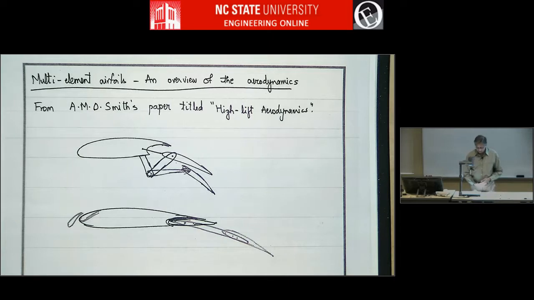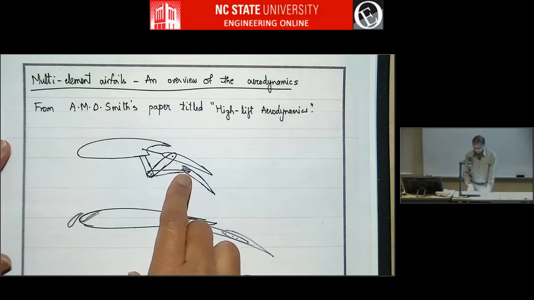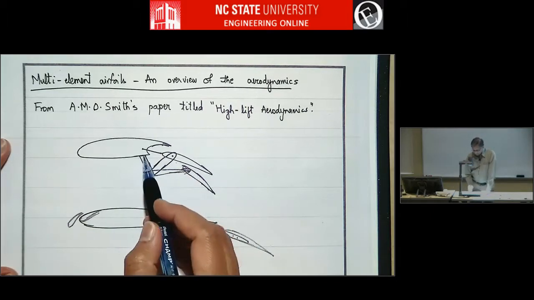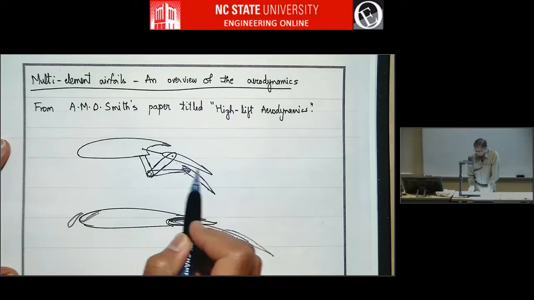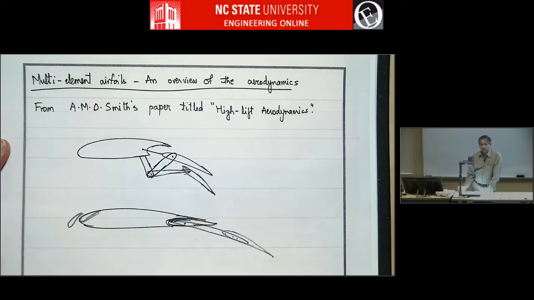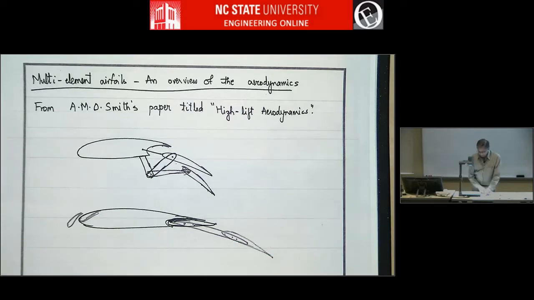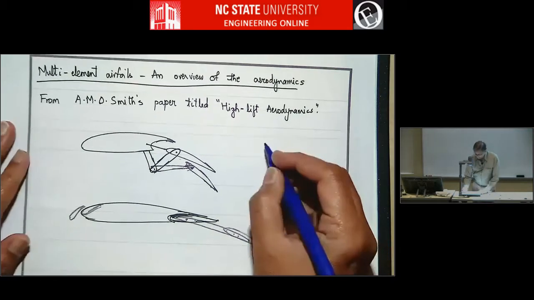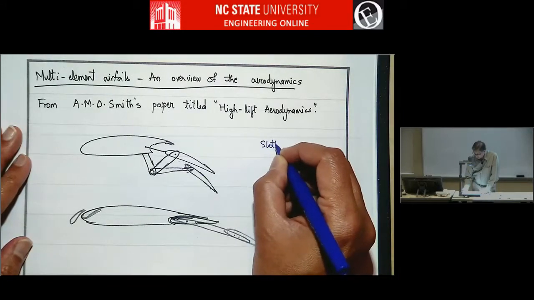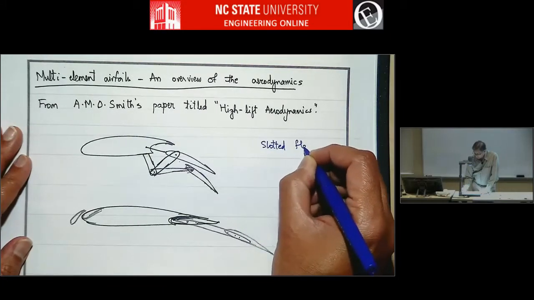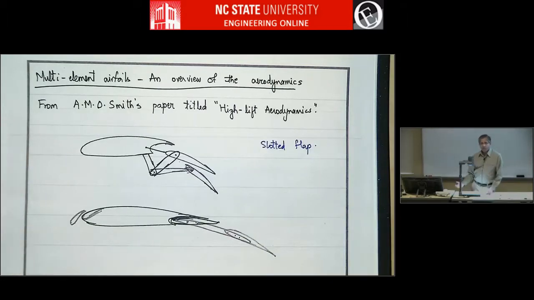A multi-element airfoil is an airfoil that's got two or more elements. So it's something like this. If you have an airfoil with a slotted flap, for example. This is a single slotted flap, I think it's called. And there are many versions of these.